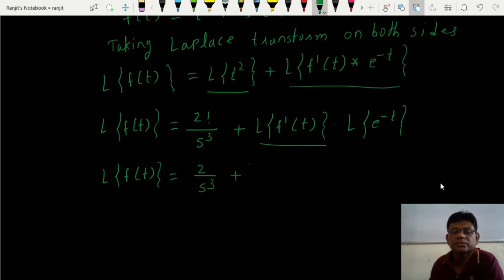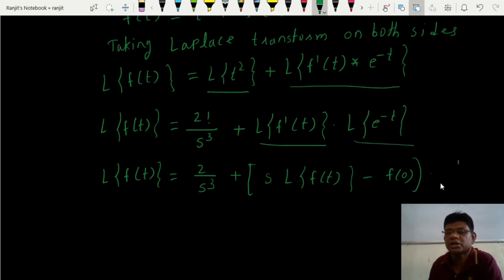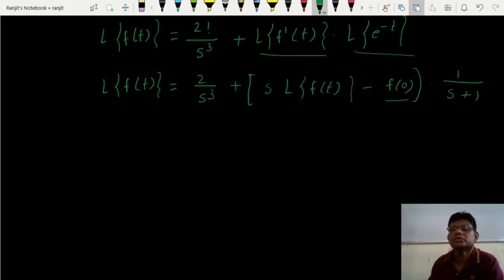Answer is s times Laplace transform of f of t minus f of 0, times Laplace transform of e to the power minus t. Answer is 1 upon s plus 1. Now here this f of 0 be the 0.